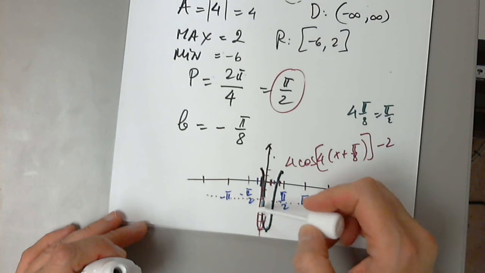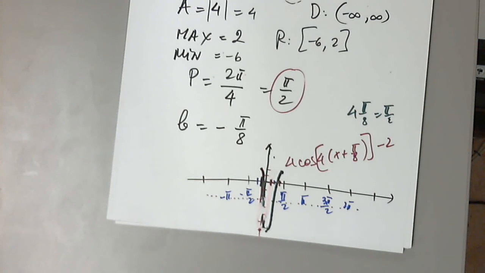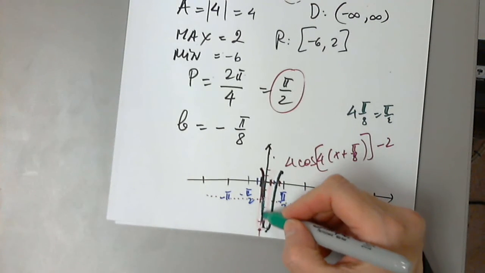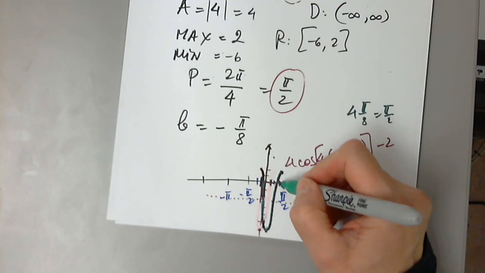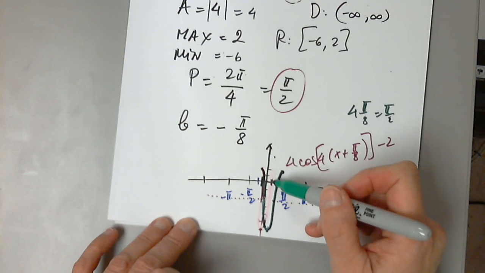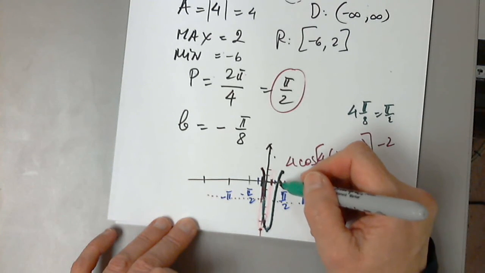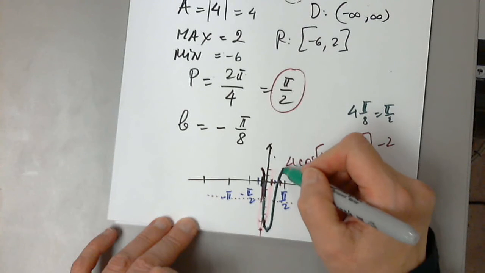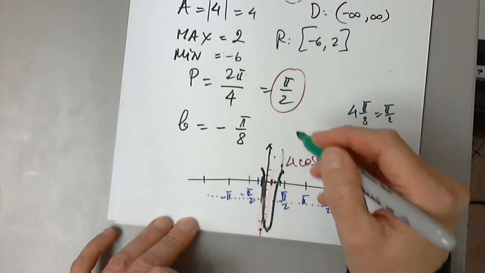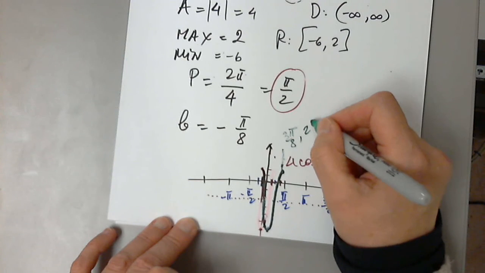When I was typing it in, I just realized that I did not go all the way to pi over 4. So the point on the left side is pi over 2. So, no. Let me see. 1, 2, 3, 4. No. It's 3 pi over 8. This point here is 3 pi over 8 comma 2.